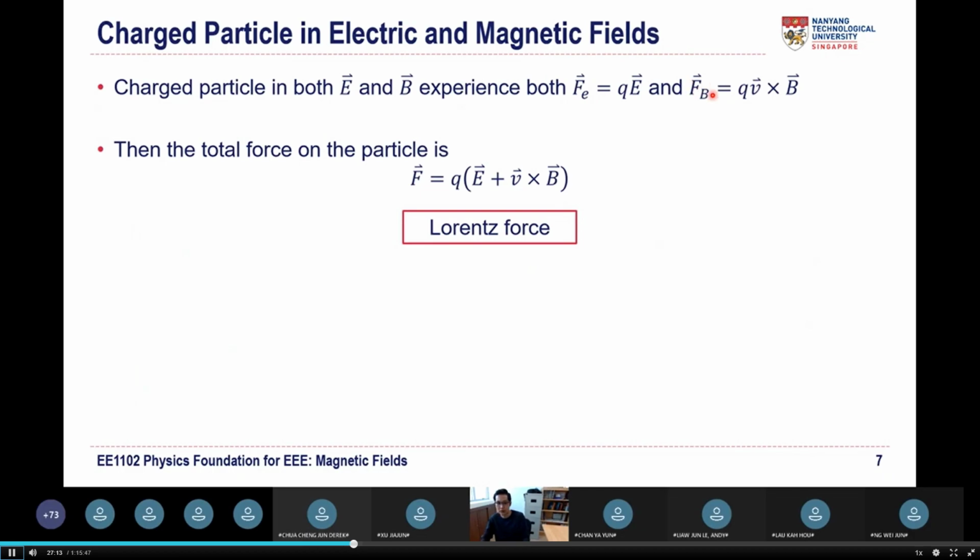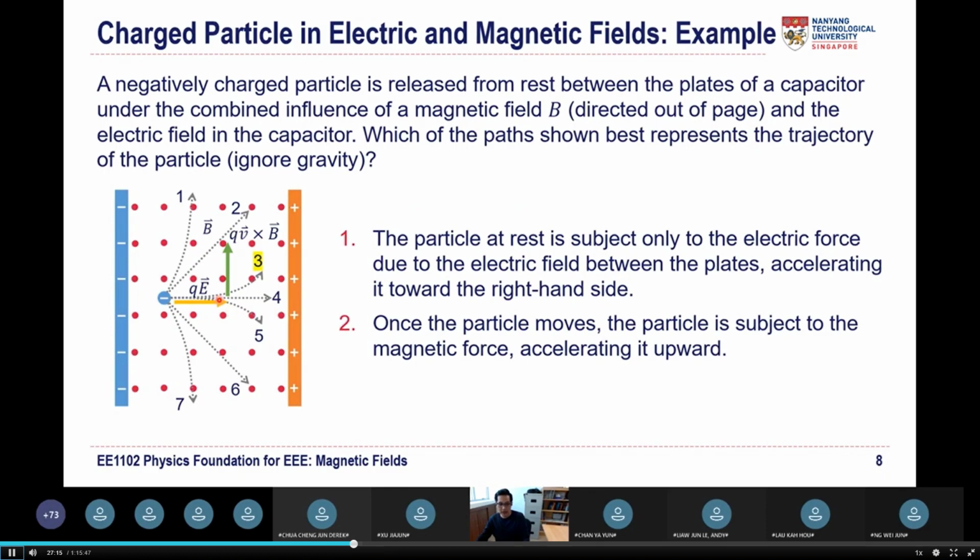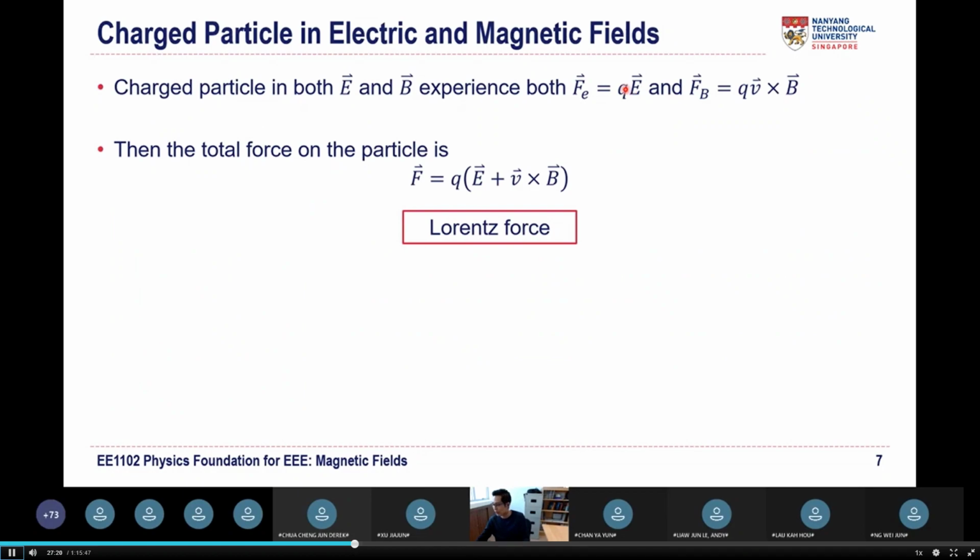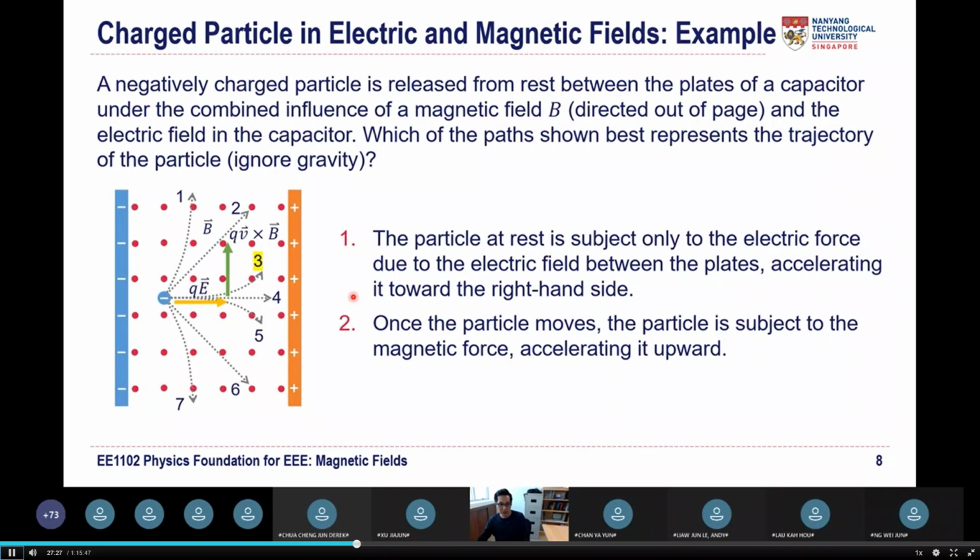The magnetic force is going to be 0. But we still have the electric force, because the electric force doesn't require the charge to move. We just need to have a charge under the influence of the electric field. And because the electric field is pointing that way and this is negatively charged, in which direction is this electric force going to be? It's going to be towards the right. So this yellow line represents the initial force acting on the particle at rest, the negatively charged particle.